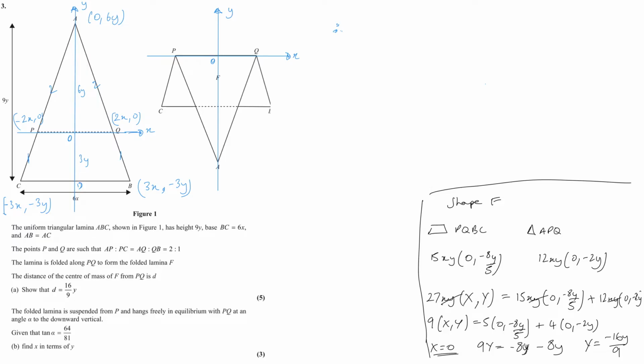Okay, so that is, as a coordinate. Therefore, the distance from PQ is 16y over 9. Okay, because we're just dealing with direction here as in down from here, whereas the distance is just the positive value.